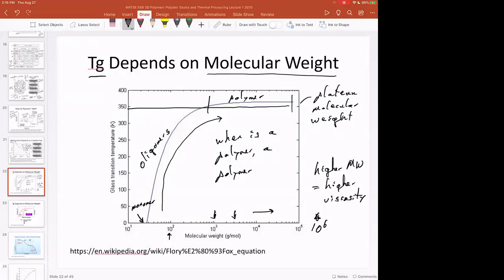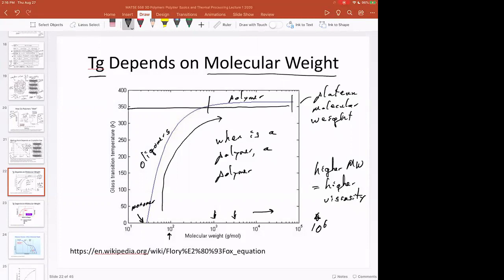Sometimes it's expensive to make those high molecular weight polymers because you have to wait a long time for the reaction to be completed, or you have to take out all the monomer to drive the reaction to high molecular weight. But this issue of higher viscosity is a real problem, especially if you're already on the plateau molecular weight. So if you're interested in the heat deflection temperature or having a thermally robust polymer, all you need to do is get up into the plateau molecular weight and then you're good.